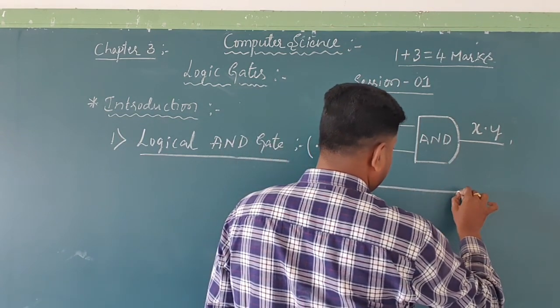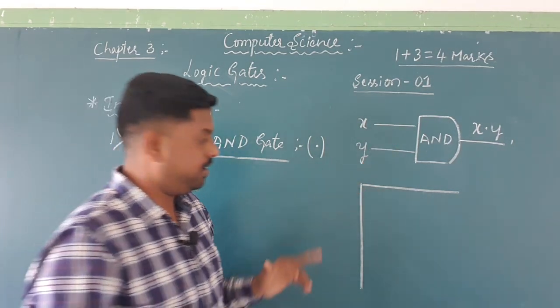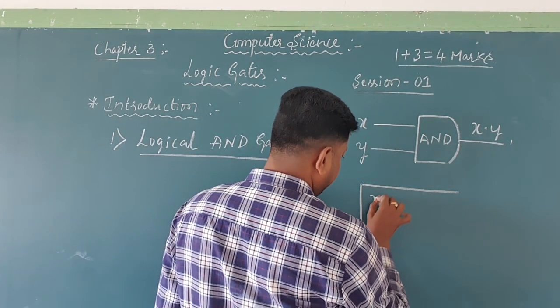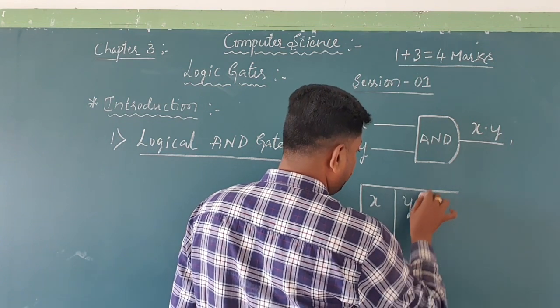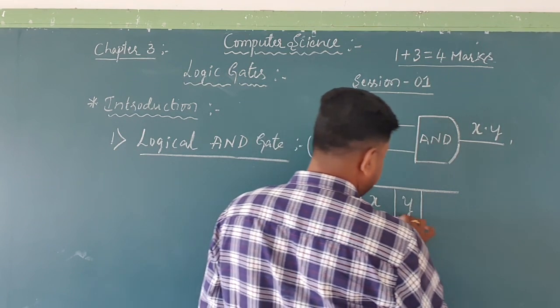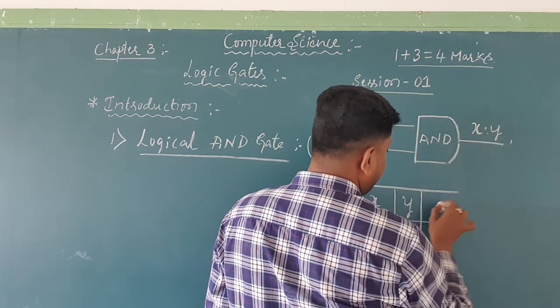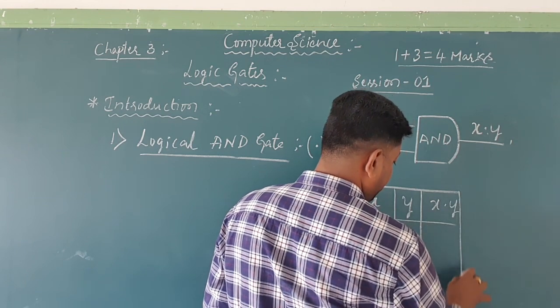In this truth table, the two inputs are X and Y, and as I said, the output is X into Y.